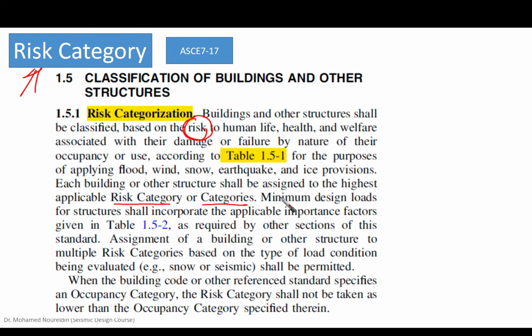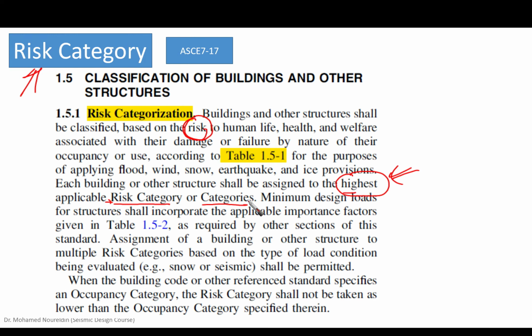Why shall it be assigned to the highest? Because maybe you're going to find that the same building is assigned to different risk categories, so you have to choose which one it should belong to. We are going to choose the highest one. If there are two approaches that at the end give us different risk categories, we should take the most severe case.